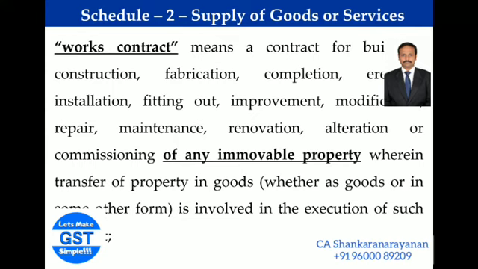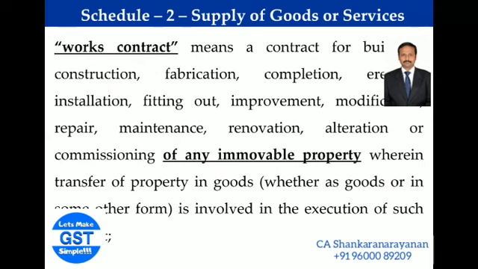Works contract means a contract for building, construction, fabrication, completion, erection, installation, renovation, alteration, commissioning. But the key thing is of any immovable property. So what is works contract in GST is it should pertain to any immovable property, and where there is an element of goods also in the execution of that, no problem, but it is considered to be works contract.